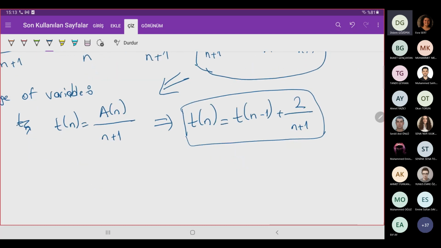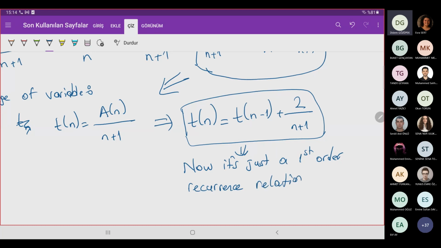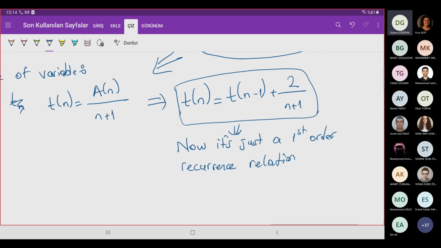Now it's just a first order recurrence relation, so I can solve it because it's a first order recurrence relation.